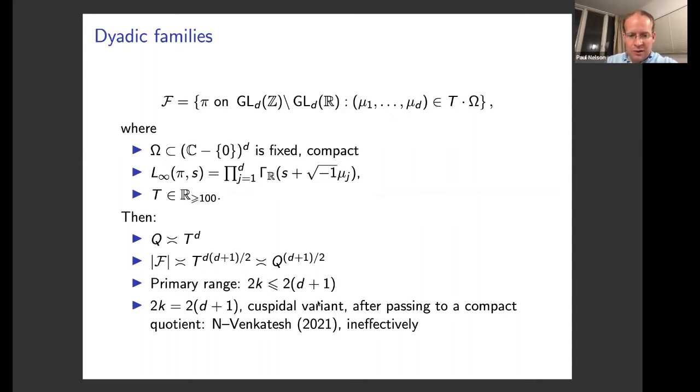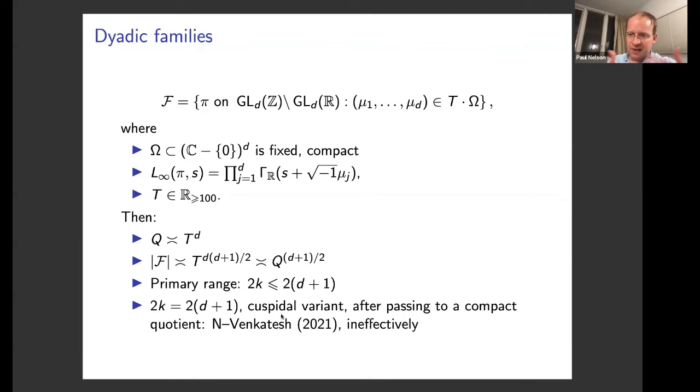So there is one result we have. When D is 1, this is again just the 4th moment of zeta. But for large D, there is one result we have, which was in this paper that I wrote with Akshay Venkatesh a few years ago that got published last year, where we don't quite treat this moment, the 2D plus first moment, but what we treat is more like the cuspidal variant.